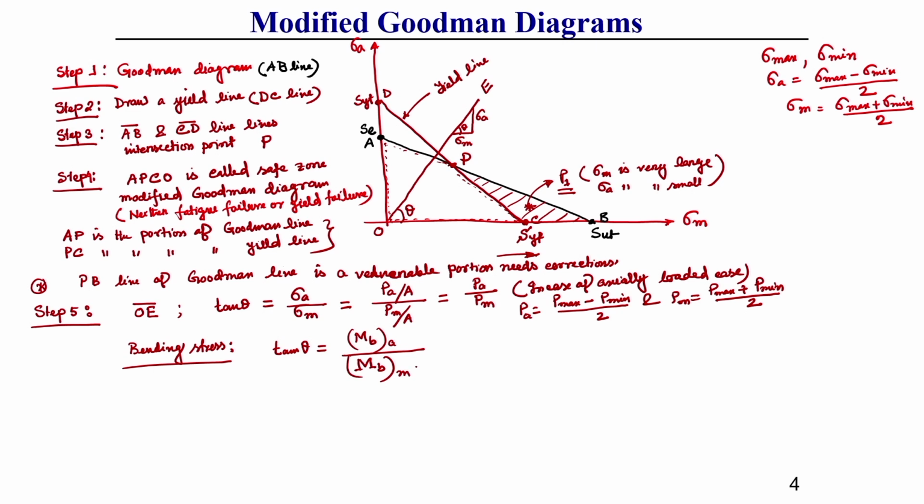How is it coming? I will explain a little bit so it becomes clearer. We know that according to pure bending, bending stress is equal to bending moment into y divided by I.